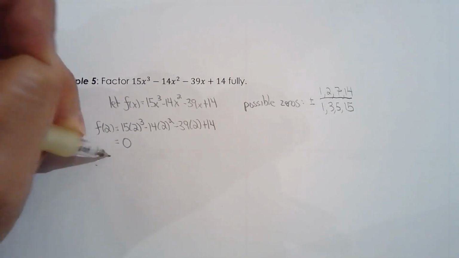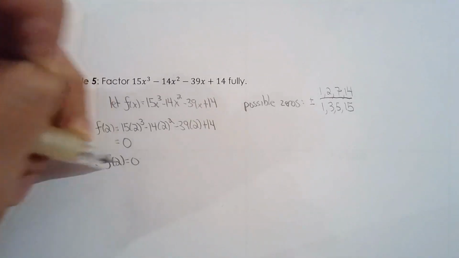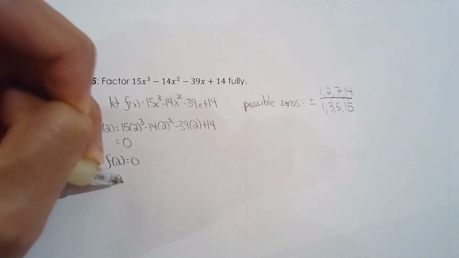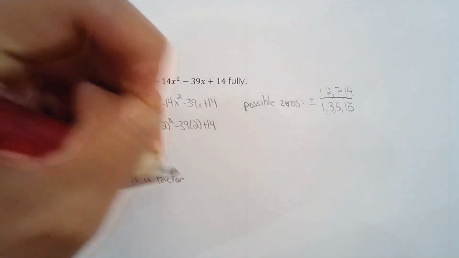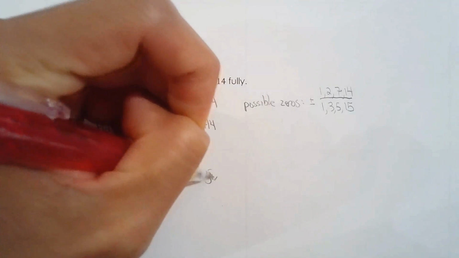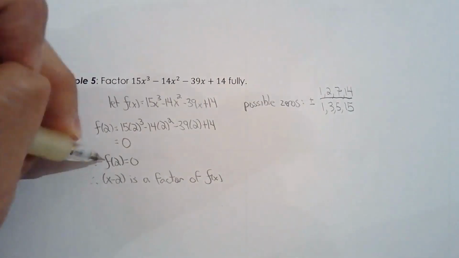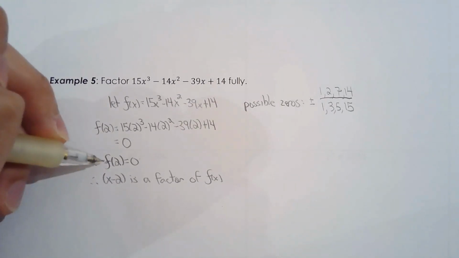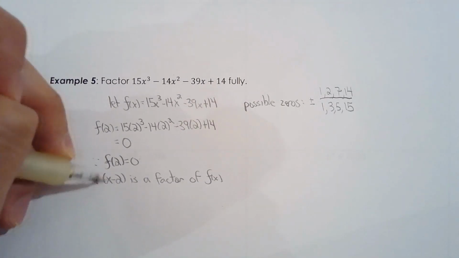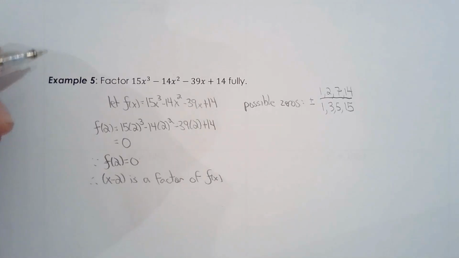So since f of 2 equals 0, therefore x minus 2 is a factor of f of x. That's the factor theorem. Now that I have my one factor, I can figure out the other 2 factors.